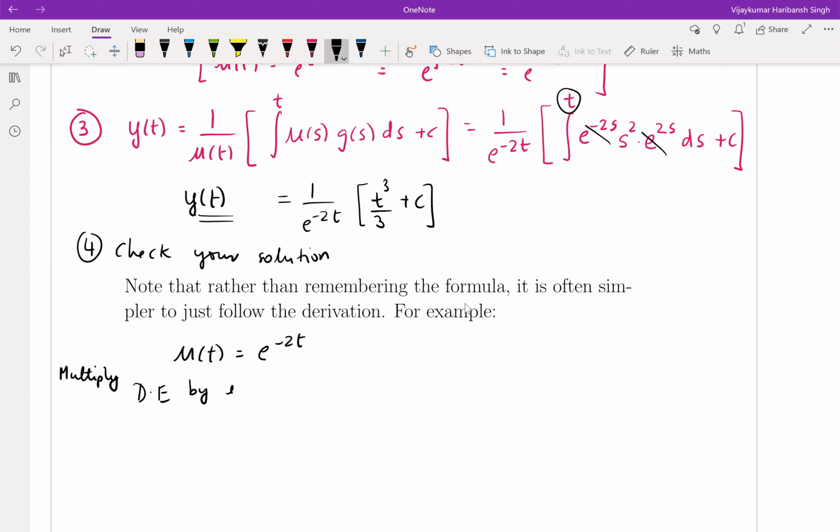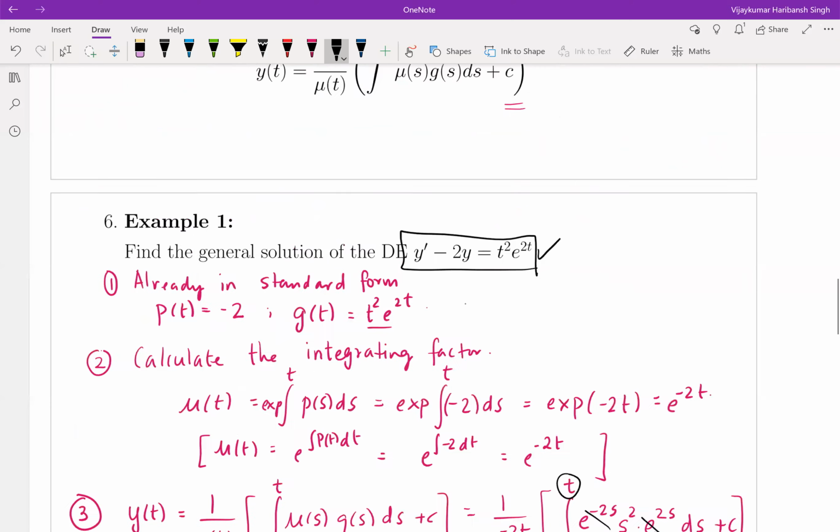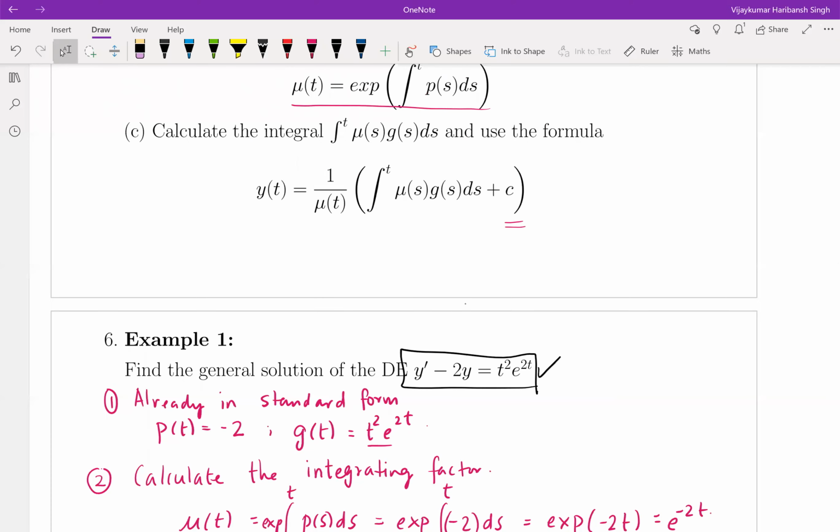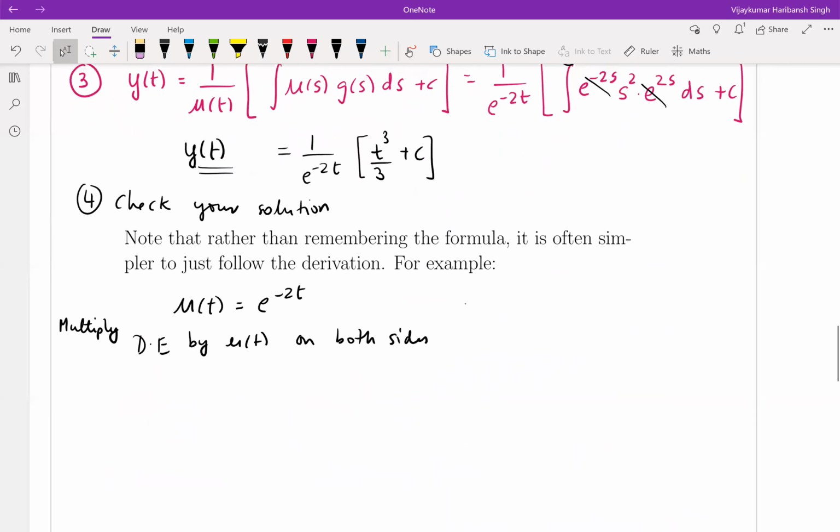If I take the original differential equation and multiply both sides by mu of t, what do I get? I get e to the power minus 2t times y prime minus 2y e to the power minus 2t equals t square.